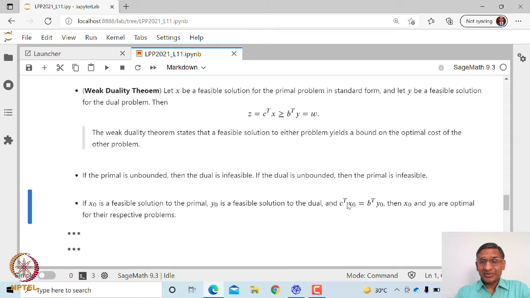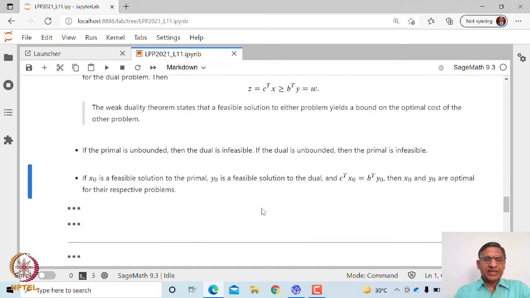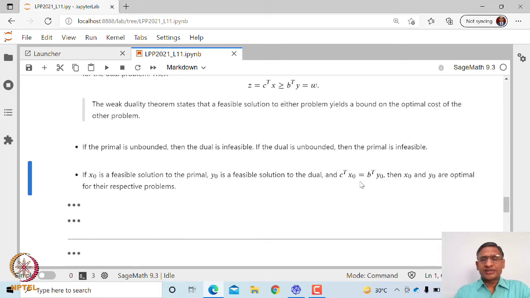And that also means that the optimal values of the primal and dual are going to be the same. So that is what this result says. This actually provides a way in which you can approach solving the primal and dual problems.